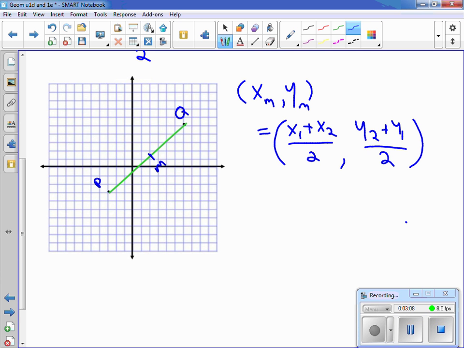And that's it. So this piece right here gives us our x coordinate, this is xm. And this piece right here gives us our y coordinate for our midpoint, y sub m.